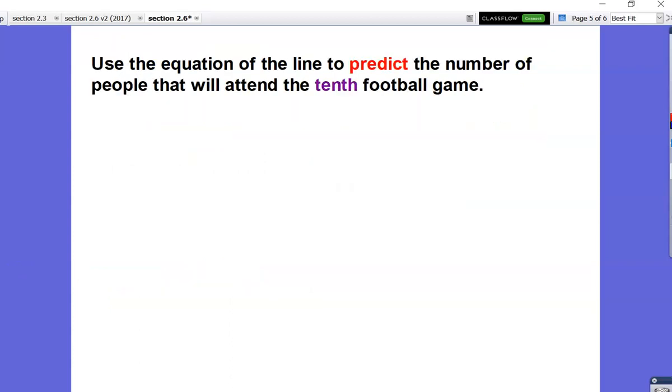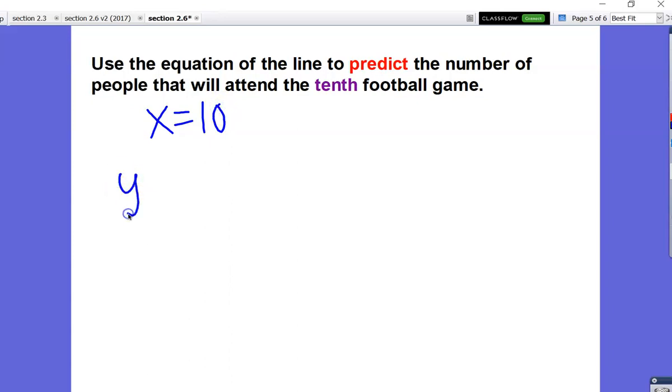The last example we're going to look at says use the equation of the line to predict the number of people that will attend the 10th football game. So again, from the previous slide, X represented the game number. So X equals 10.